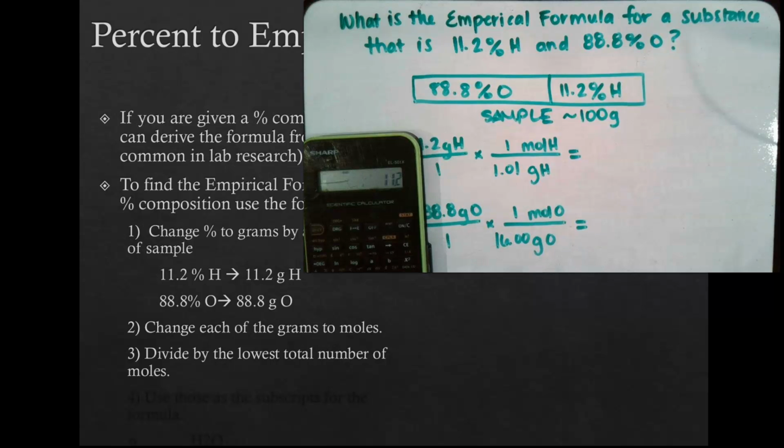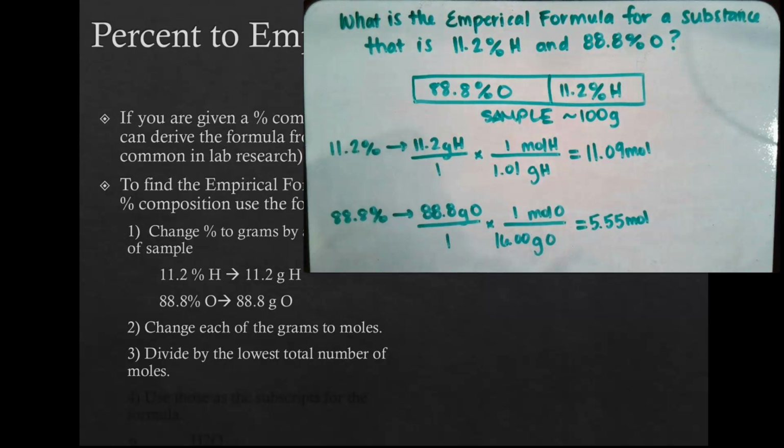Now we plug this into our calculators to get the answers. 11.2 divided by 1.01 gives me 11.09 moles of hydrogen, and 88.8 divided by 16.00 gives me 5.55 moles of oxygen. Now we have a comparison and we can create a ratio: how much oxygen to how many hydrogens?